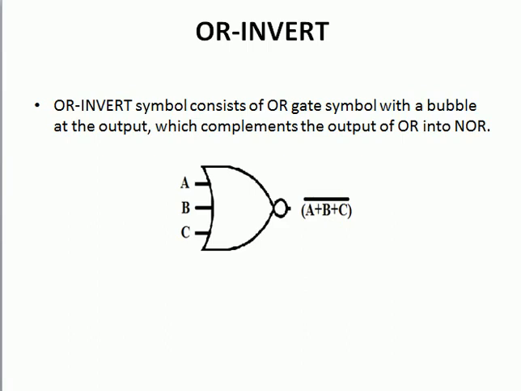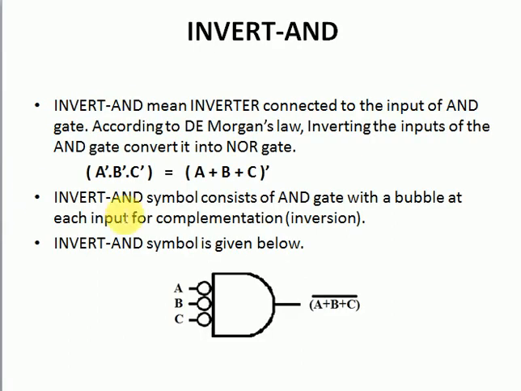When we have the invert AND, it means first we have to invert the inputs, and after that the inputs will be followed by an AND gate. So invert AND means inverters connected to the inputs of an AND gate. According to De Morgan's law, inverting the inputs of the AND gate converts it into the NOR gate.